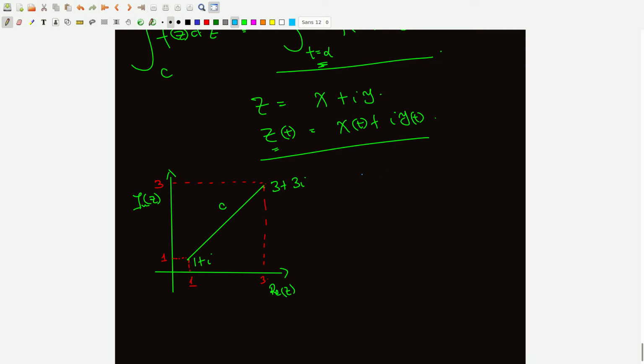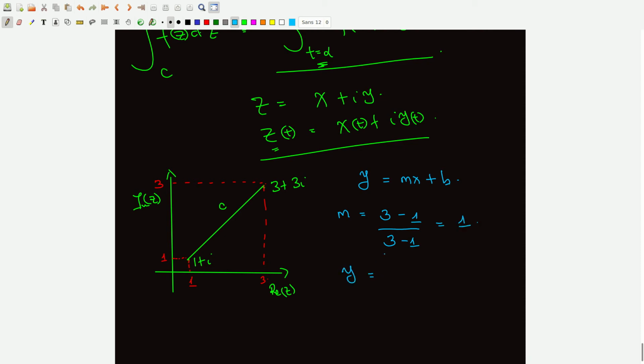Therefore we can write it down as the equation of a straight line, y equals mx plus b. We'll use b since we have already used c to represent the path. So the gradient m is the change in y over the change in x, so we have 3 minus 1 over 3 minus 1, and you realize that that is 1.